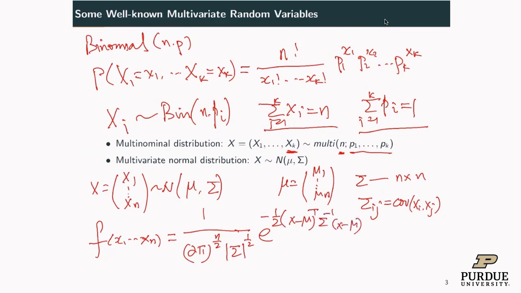X can be anything. So this is the joint PDF, where this is a determinant and this is the inverse. That's the multivariate normal distribution, an important multivariate distribution.